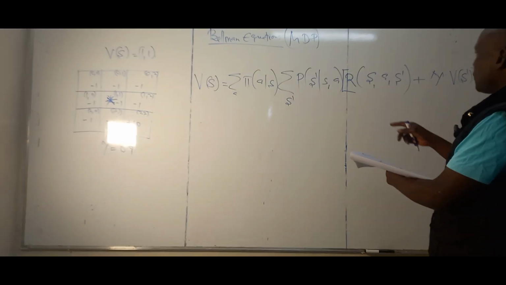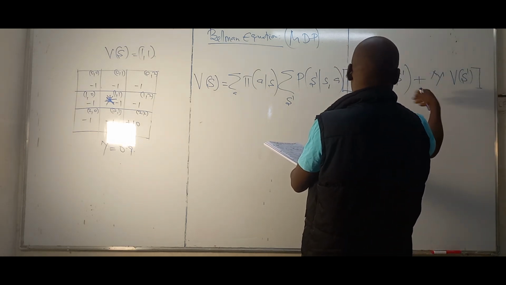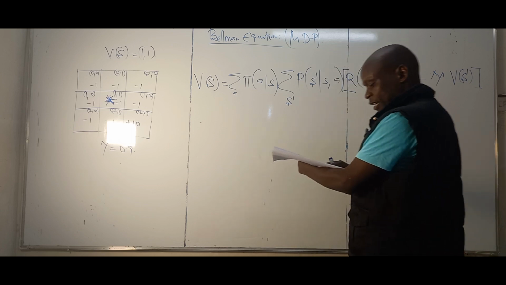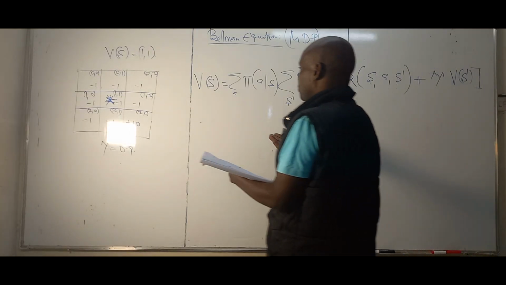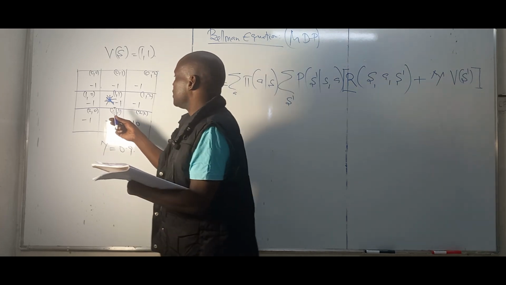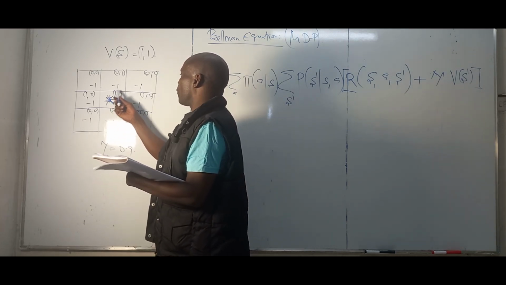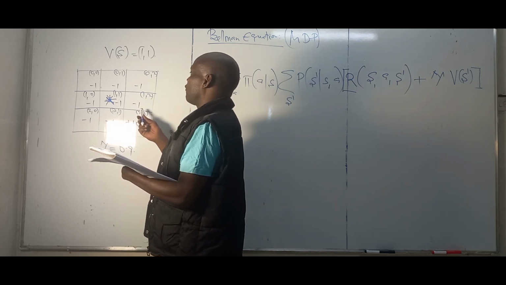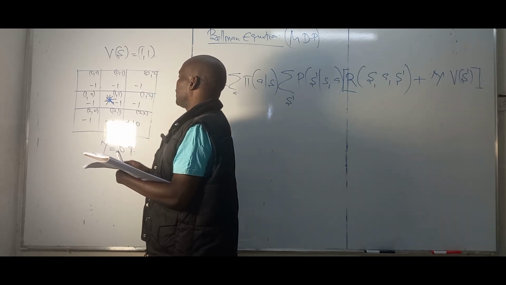Then we have this particular part here, because I'm now trying to make sense of what the formula is. This one refers to the transition probabilities. Transition probability is just that if for some reason it had chosen the action of moving from 1,1 to 1,2, then what is the probability of it going back, going up, or coming down?